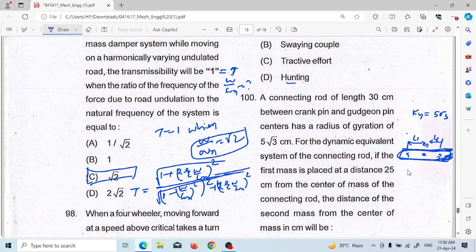We know the formula L1 L2 is equal to k g square for dynamic equivalence. Given L1 is 25 cm and we have to find L2, and k g is 5 root 3, square of which is equal to 25 into 3. 25 cancels and L2 will be 3 cm.